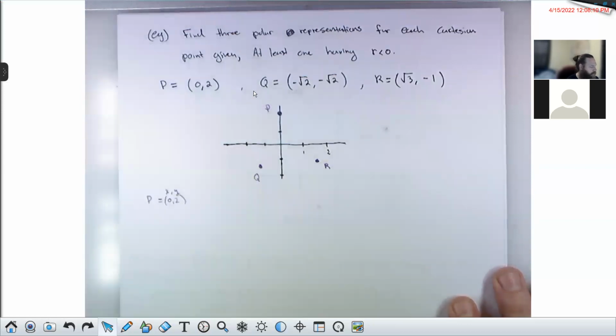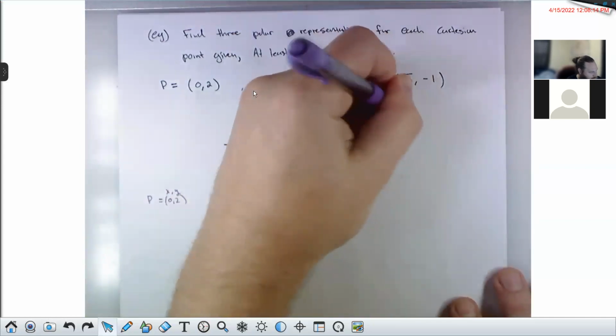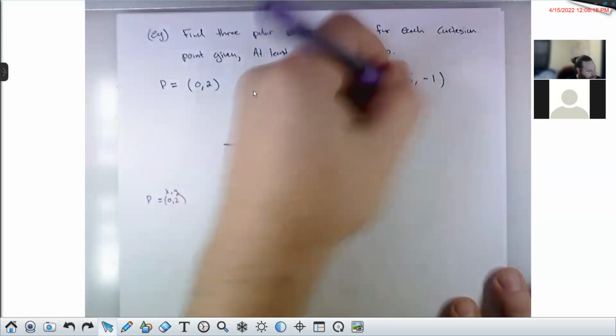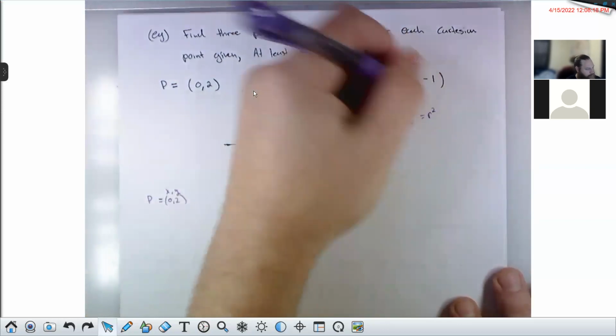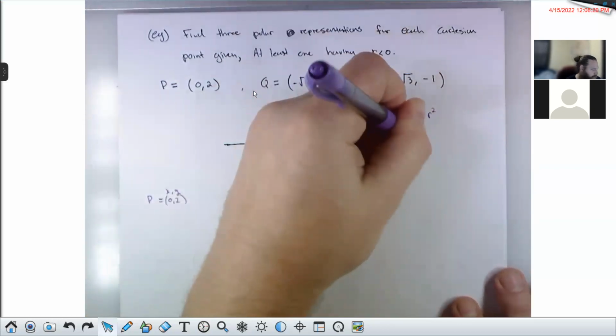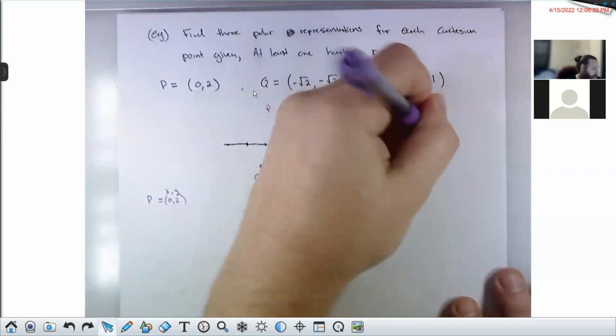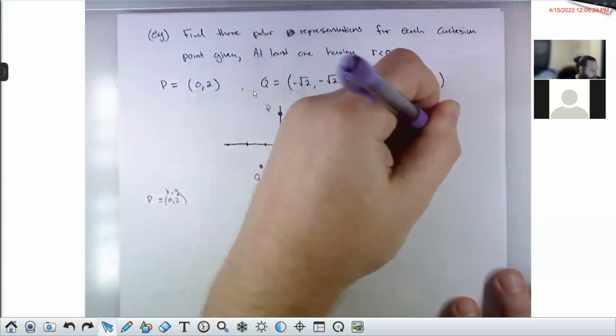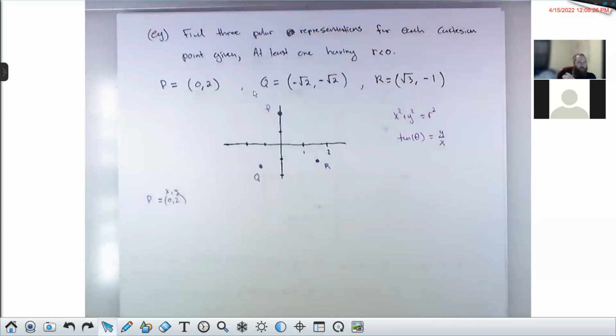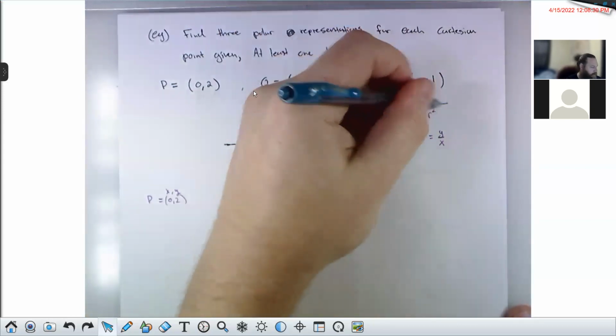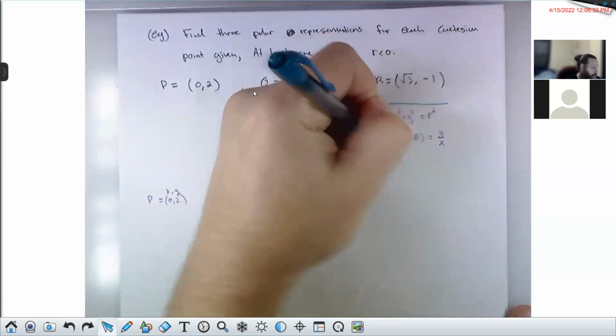And we have the equations. Maybe I'll put them over here. X squared plus Y squared equals R squared, and tangent of theta is equal to Y over X. I'm going to use these.